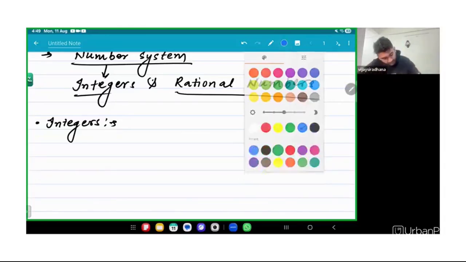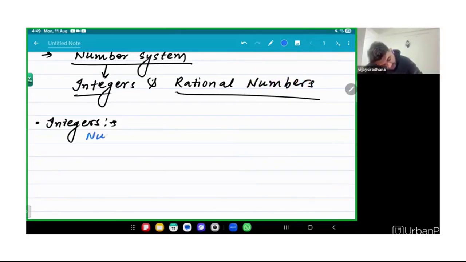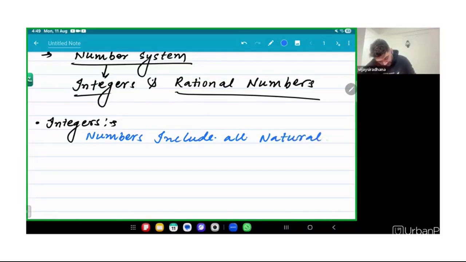They are the numbers which include all natural numbers and their negative counterparts.